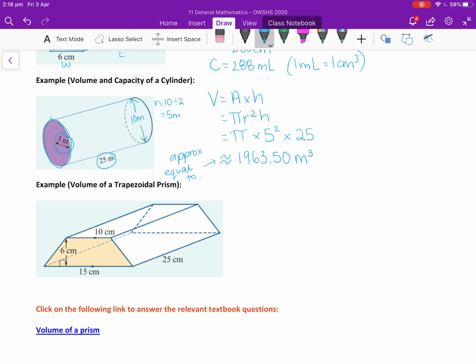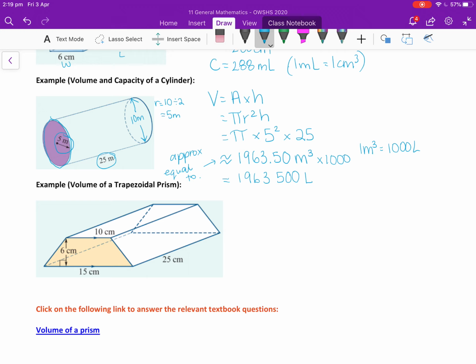Again, if we want to go to capacity, so if we say, for example, this was a water tank, and we want to say, well, how many litres does that hold? Now, 1 metre cube, we said before, actually holds 1,000 litres. So if it's already holding 1,963.5 metres cubed, we have to multiply that by 1,000. We're going to get quite a large number. So we'll go 1963.5 litres.